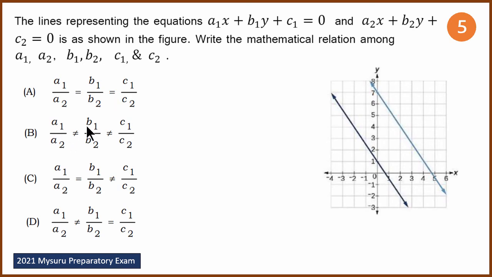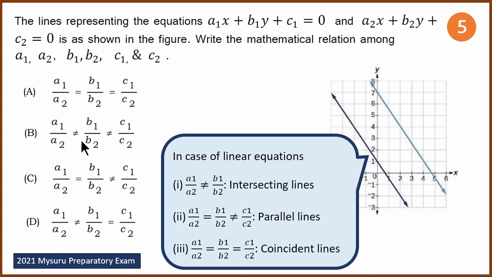If the ratios of a and b are not equal to each other, then it is intersecting lines. It doesn't matter what the constant ratio is if the a and b ratios are not the same. So the answer is C.